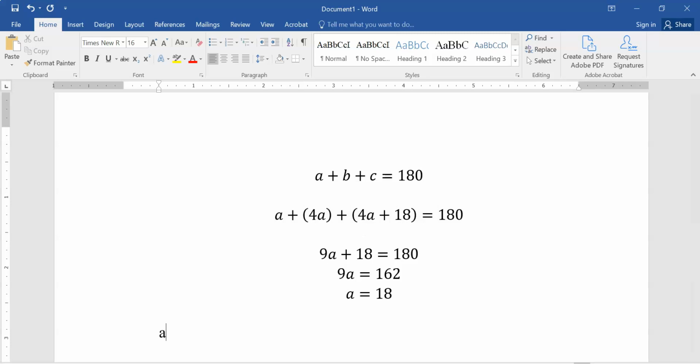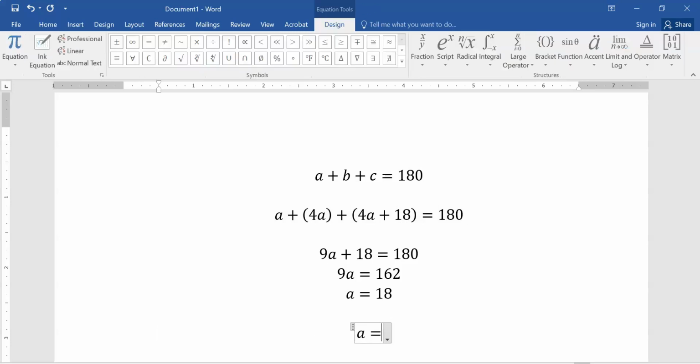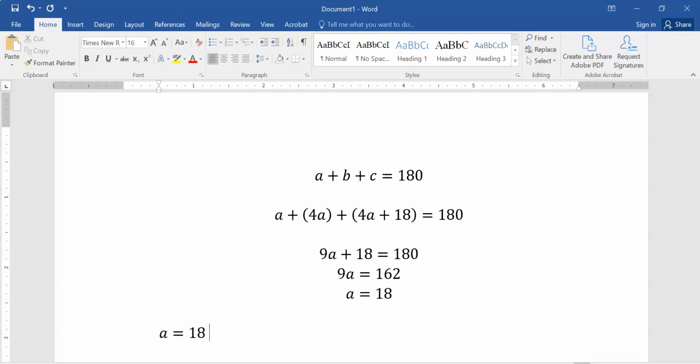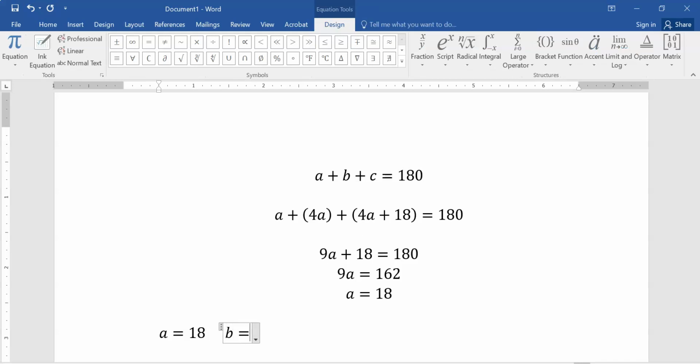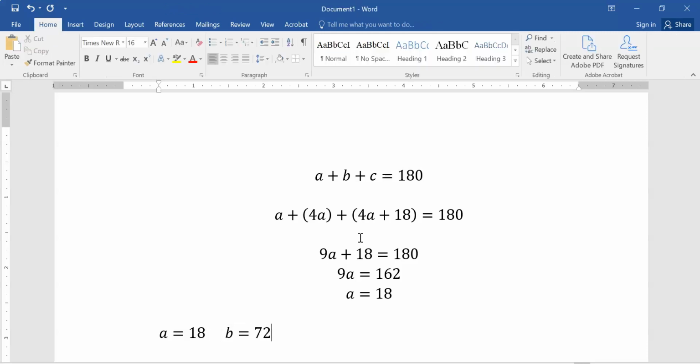So if A is equal to 18, B is equal to 4 times 18, which is 72.